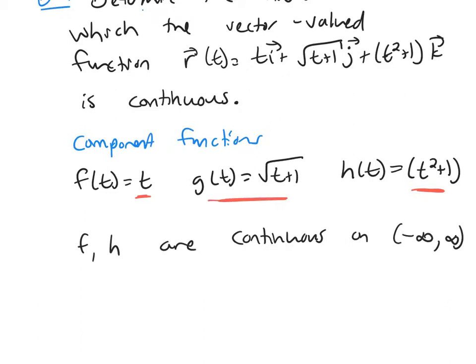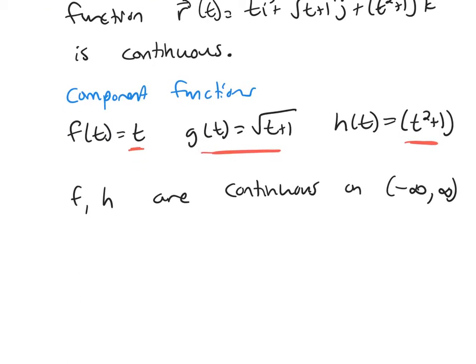Now g is a square root, and the problem with square roots is we can't take square roots of negative numbers. And so g is not going to be continuous on that whole interval. It's only going to be continuous for t greater than or equal to -1.